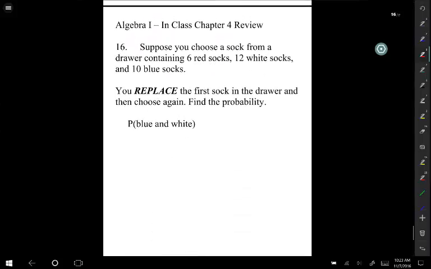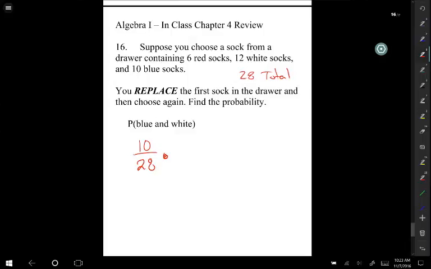All right, let's talk about replacement. We have 6 red socks, 12 white socks, and 10 blue socks. That looks like it's a total of 28 socks total. You pick a blue. What's the chance of picking a blue? 10 out of 28. You put it back.